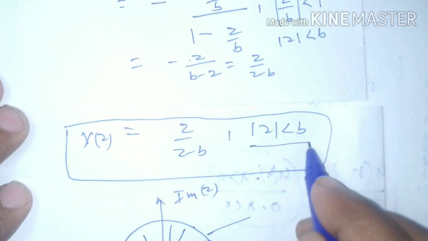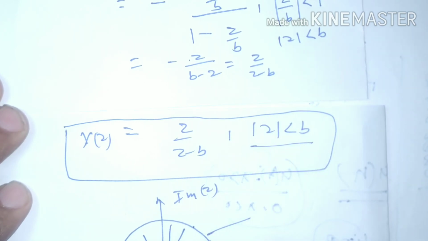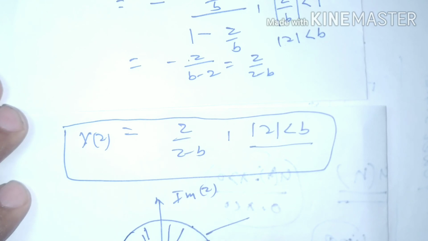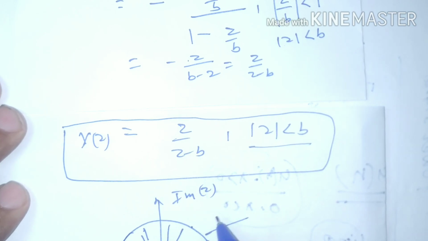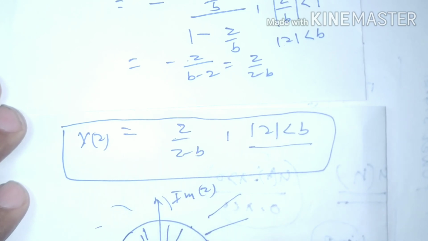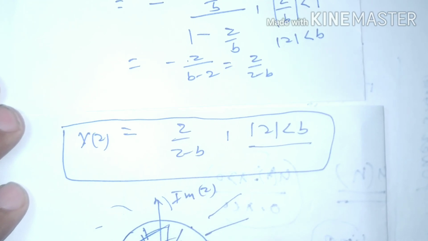Here we can see that the modulus of Z should be less than b, so its ROC will be the interior part of this circle, which does not include the periphery of the circle. Its ROC does not include the exterior part of this circle; this will not be part of the ROC. ROC has only this part, inside the circle. So here the ROC is the inside part of the circle, and in the previous problem the ROC was the outer part of the circle.